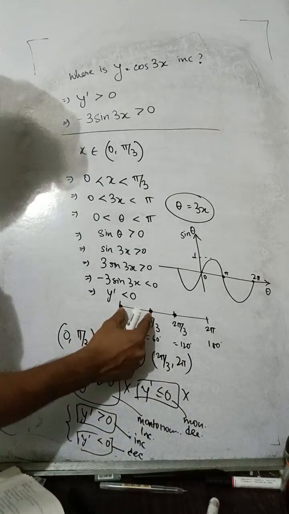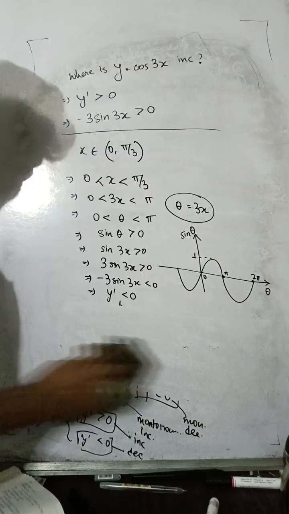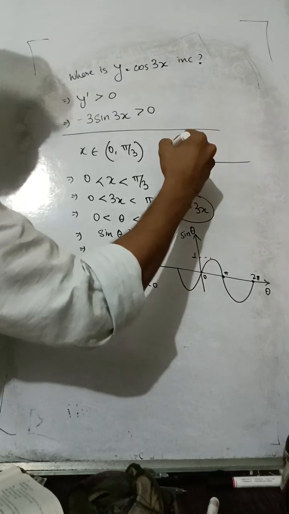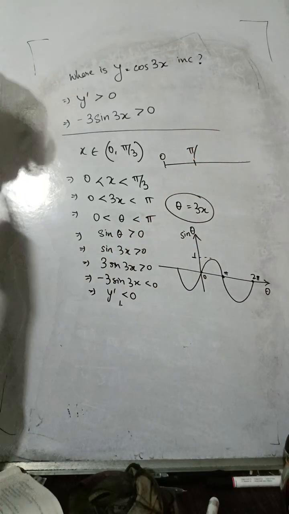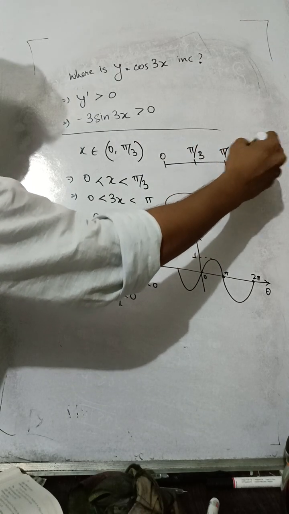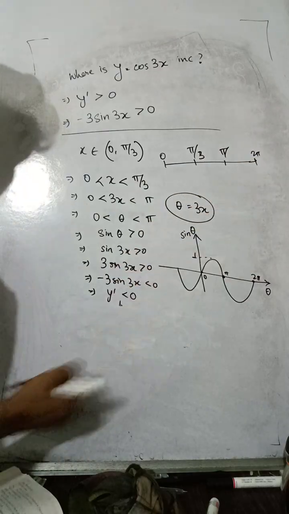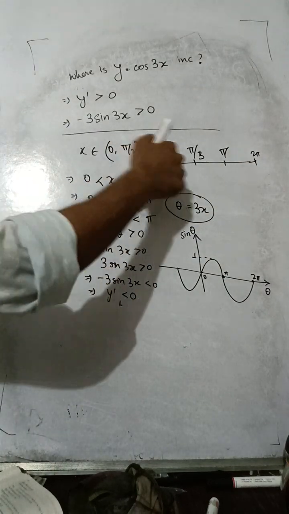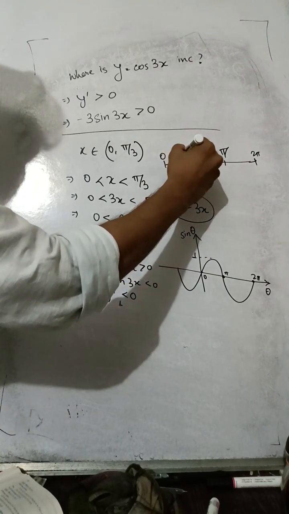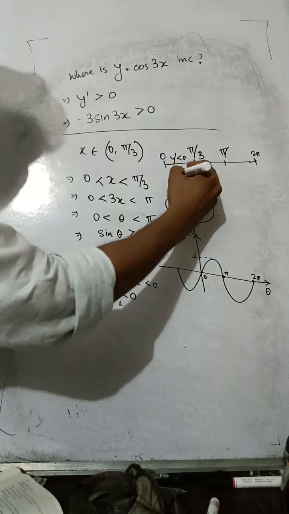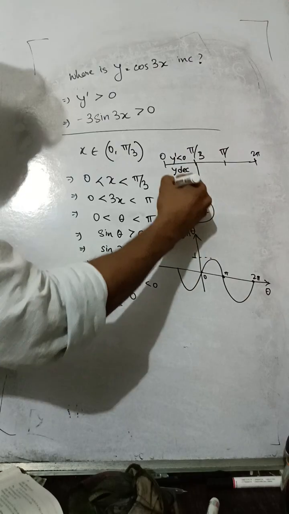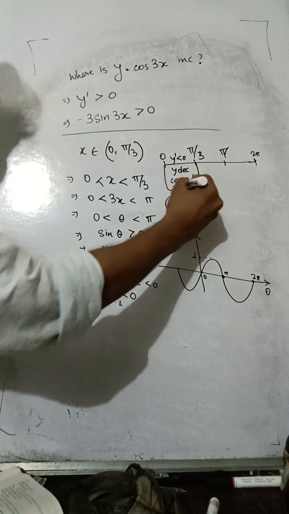So in this region from 0 to pi by 3, it is decreasing. In this region our y dash is less than 0, so y is a decreasing function. What is y? Y is basically cos 3x, a decreasing function in this region.